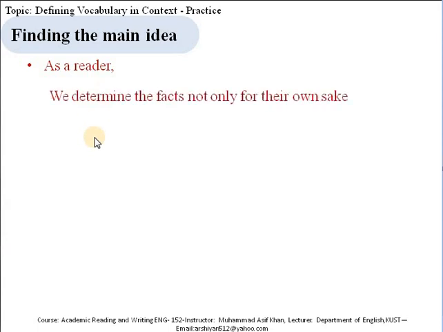The second exercise, in which we discussed the why question, was about finding the main idea. As readers, we determine these facts within a piece of text not only for our own sake, but we are trying to find out why the author is writing this piece.